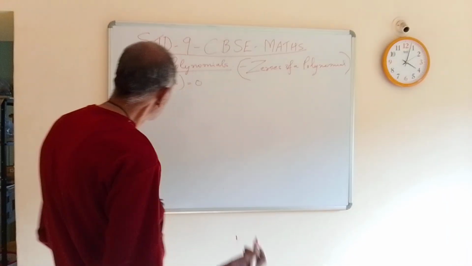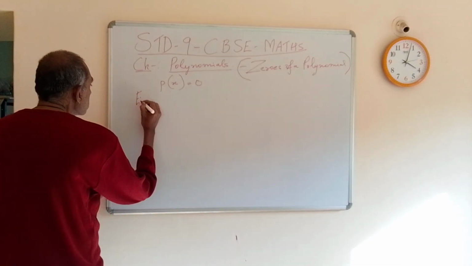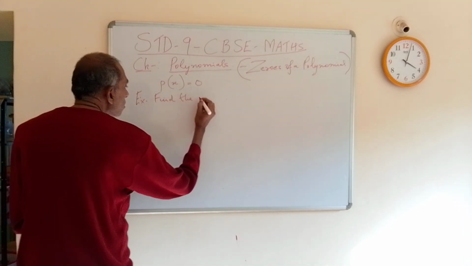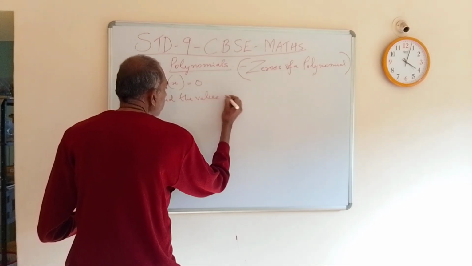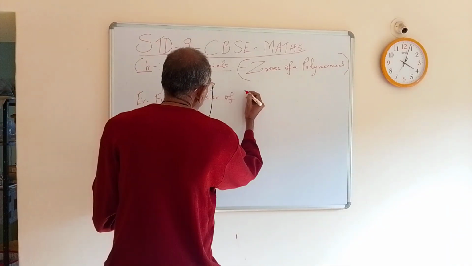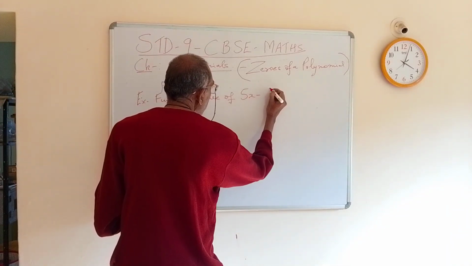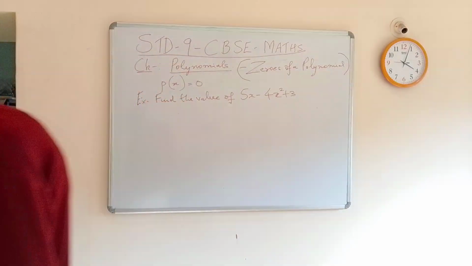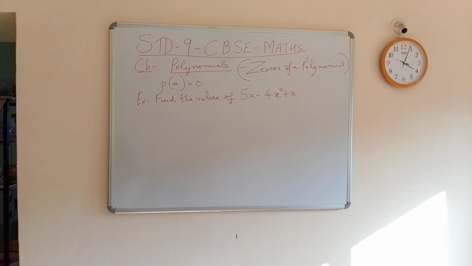Now we'll do one example. Find the value of 5x minus 4x square plus 3, where x is equal to 0.